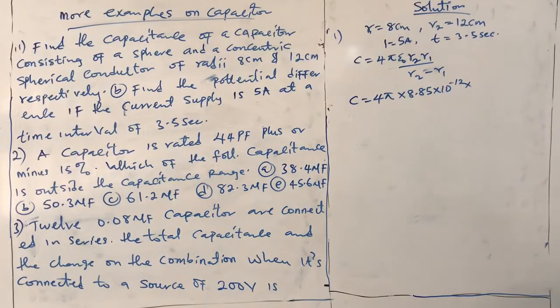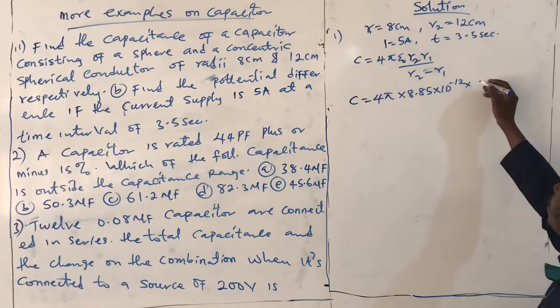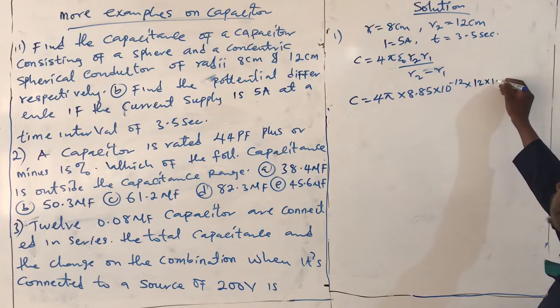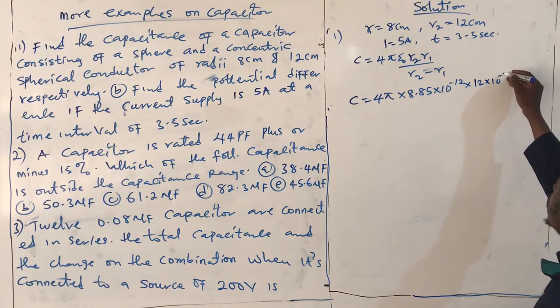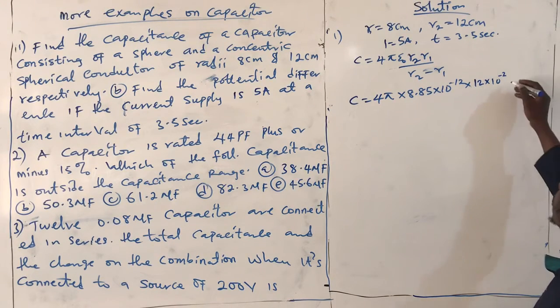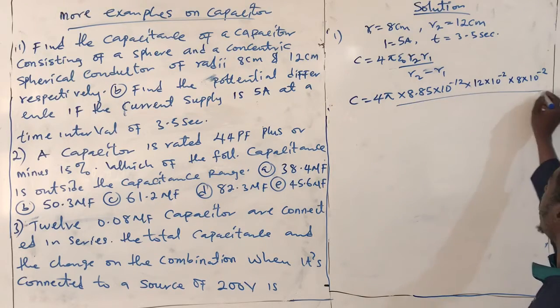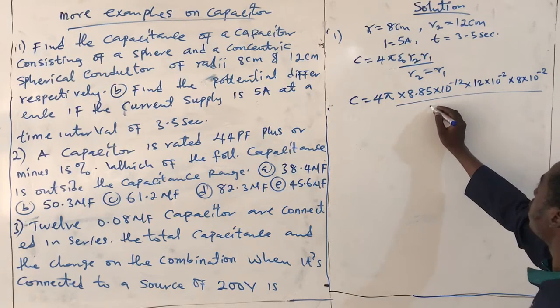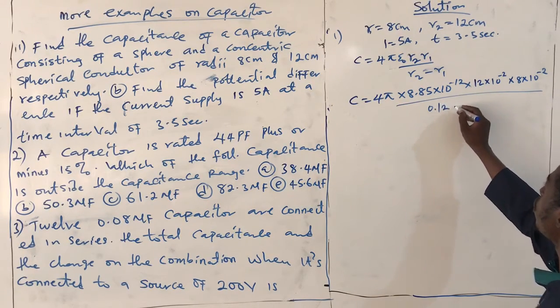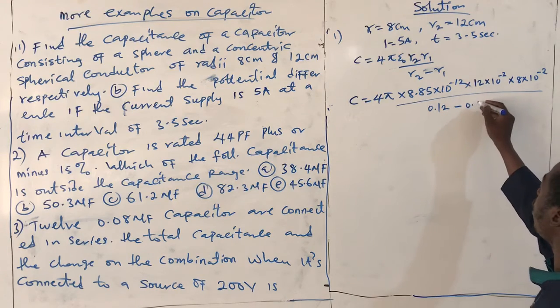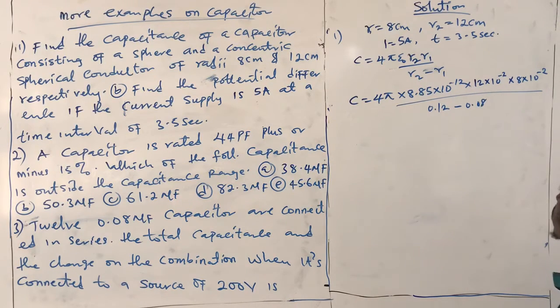Let's just convert everything. This will be 12 times 10 raised to the power minus 2 multiplied by 8 times 10 raised to the power minus 2, divided by R2 minus R1, which is 0.12 minus 0.08, that is 4 times 10 raised to the power minus 2.